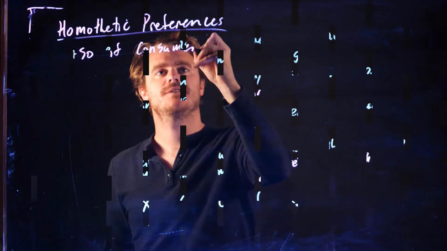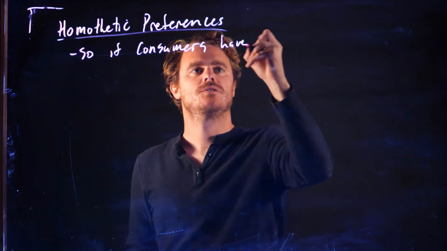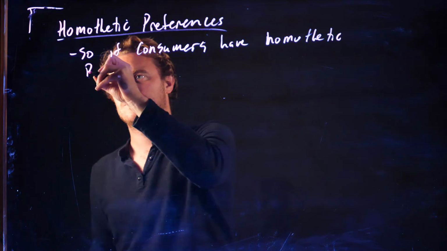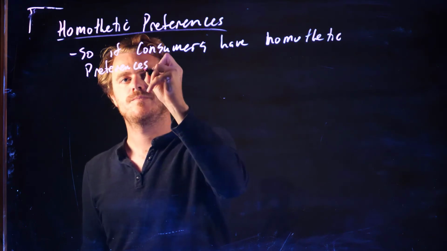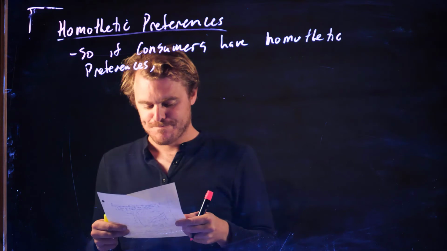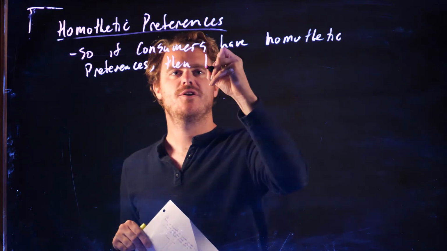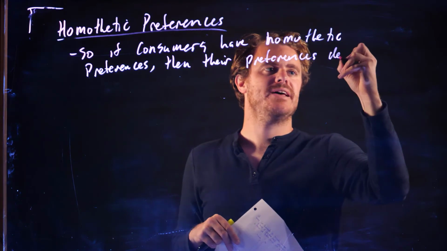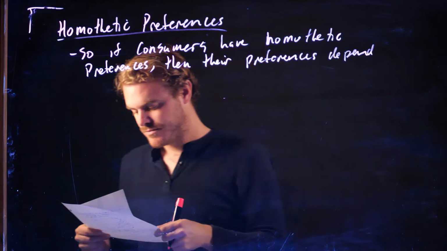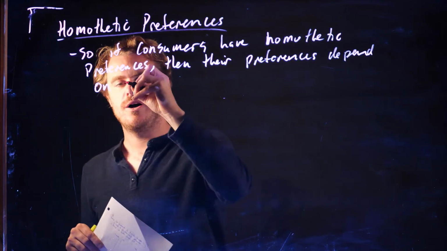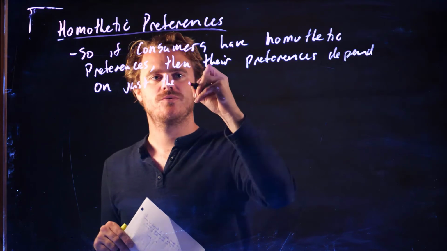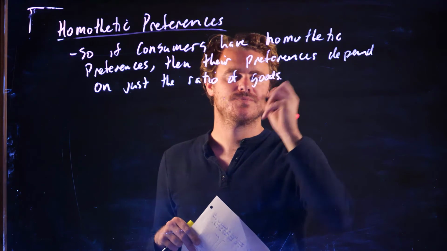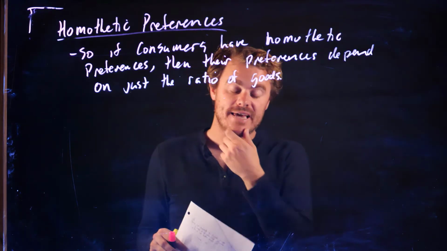Homothetic preferences: their preferences depend on just the ratio of goods. So it doesn't depend on income or scale.